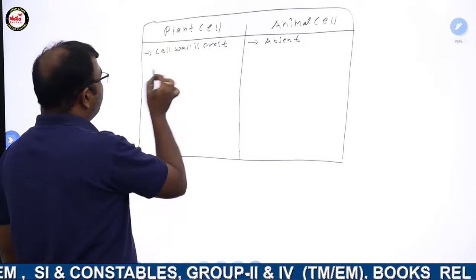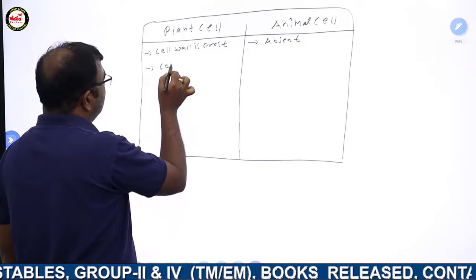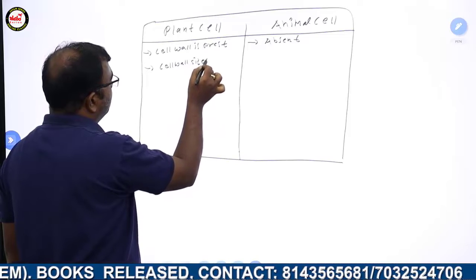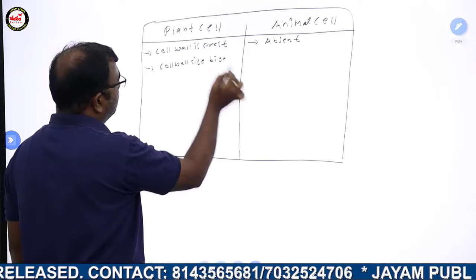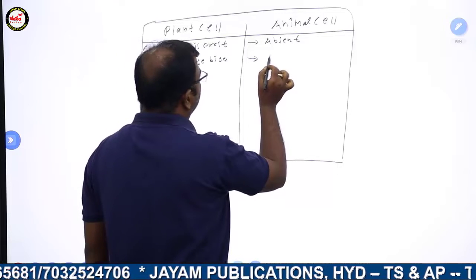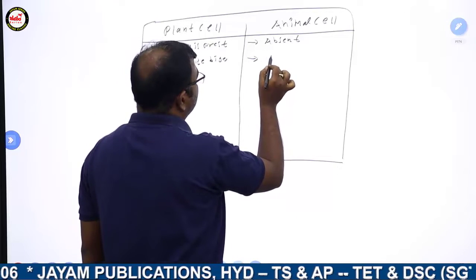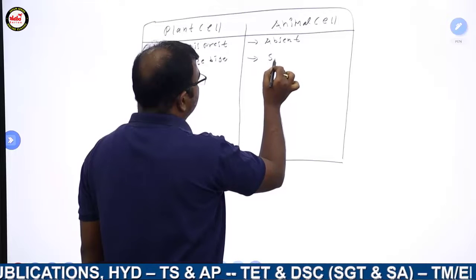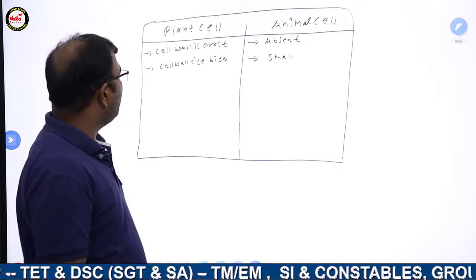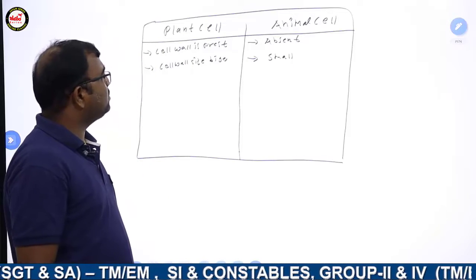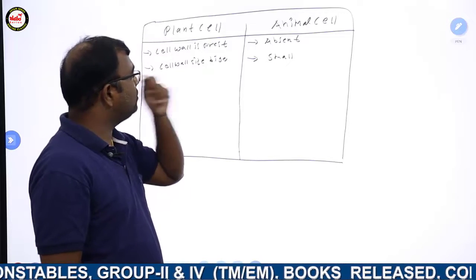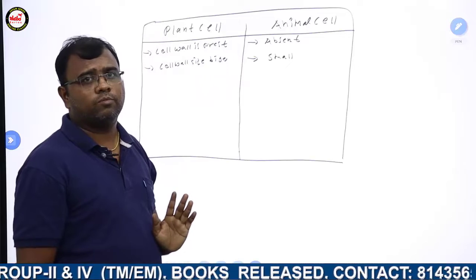The plant cell size is big. The animal cell size is small.